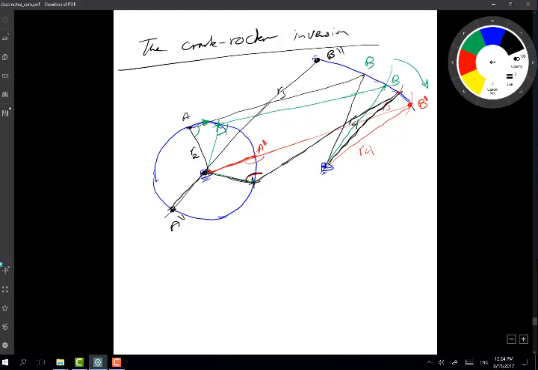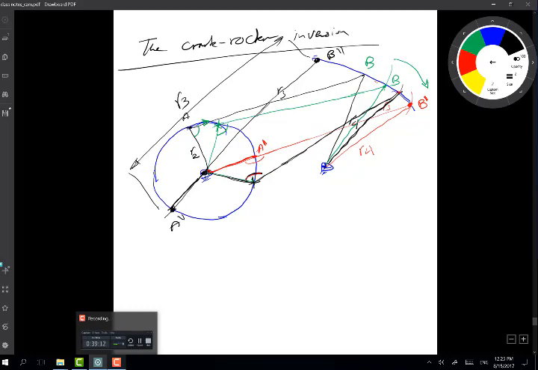Of course, my drawing is not accurate, but this distance should be R3, right? That's this distance here is R3. So this means R3 is on top of R2 type situation.